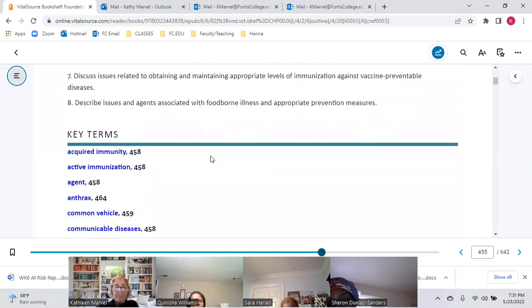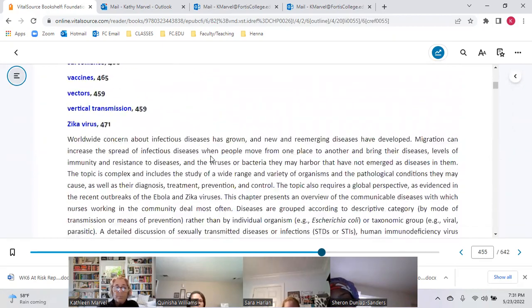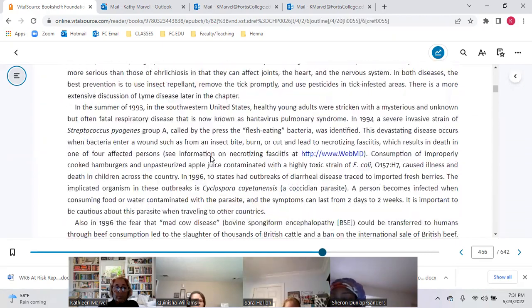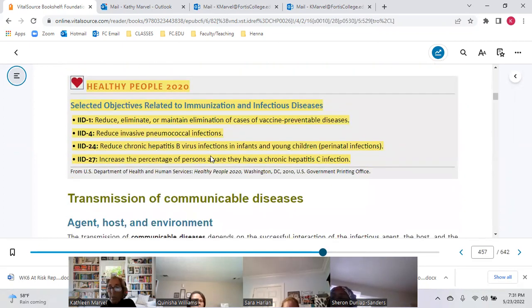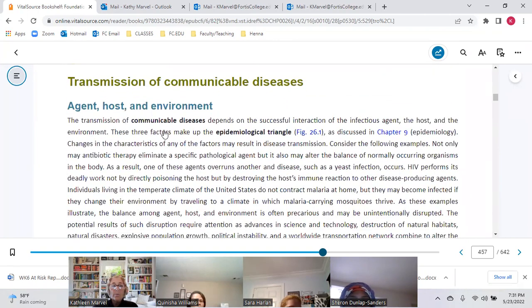Okay, let's jump to the Healthy People 2020 box on page 457. There's 4 objectives related to immunization and infectious diseases. Okay. So please know those.